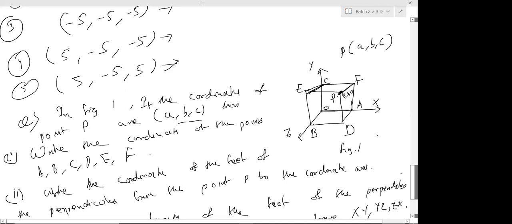Then you'll reach this point. So to reach A, you have to move A units in x direction, and because A is on the x-axis, that means y coordinate and z coordinate will be 0. So coordinates of A will be A comma 0 comma 0.